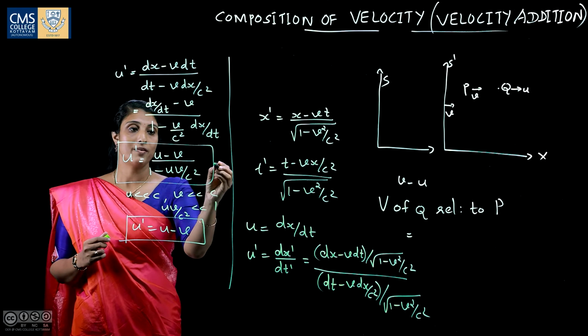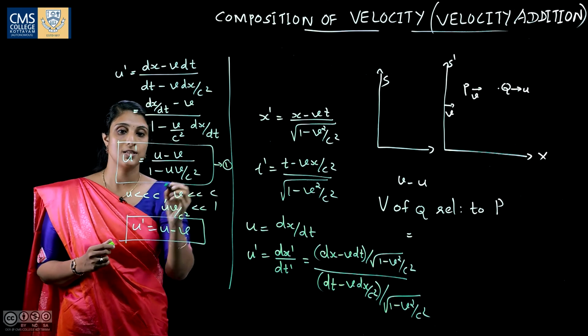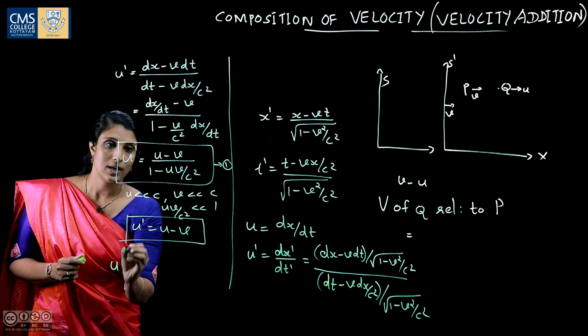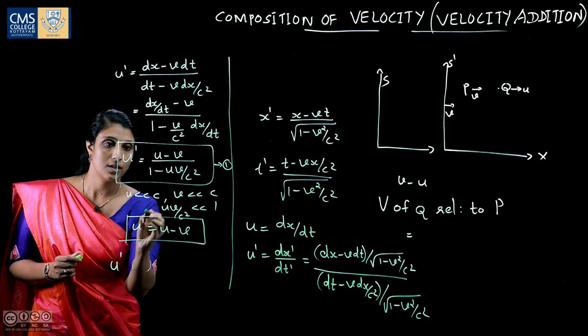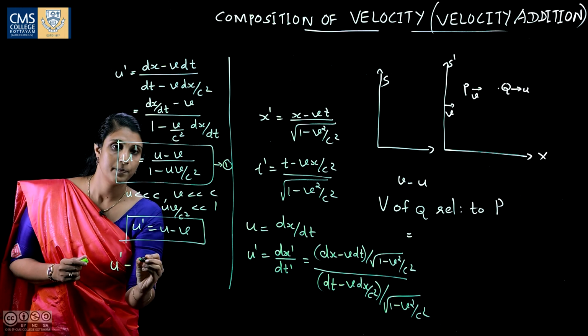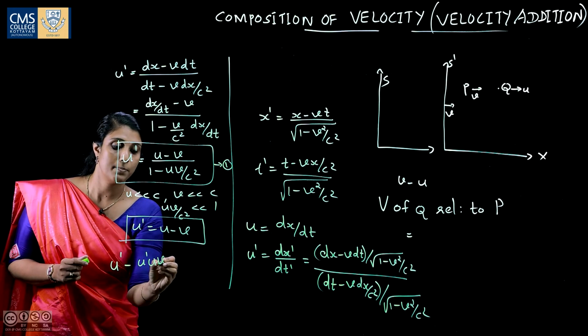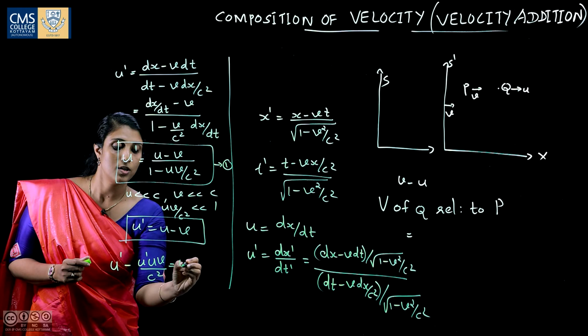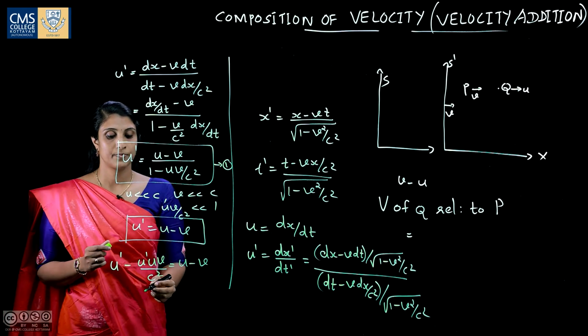So to find the proper velocity, we can simplify this equation 1. On cross multiplying, when the denominator is multiplied to u dash, we get u dash minus u dash uv by c square equal to u minus v.